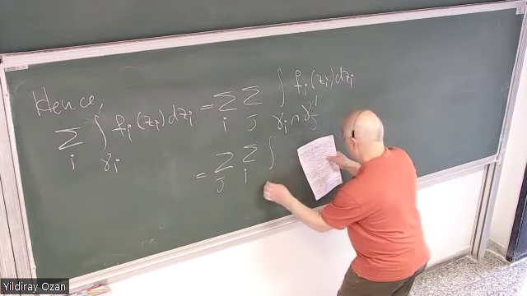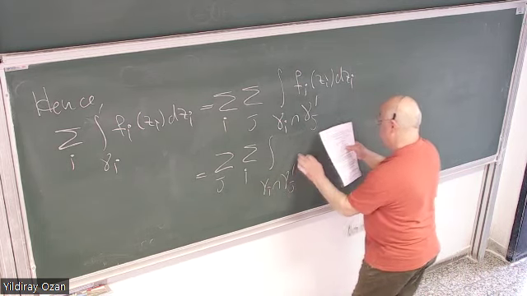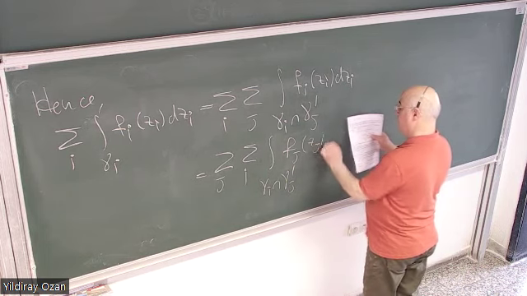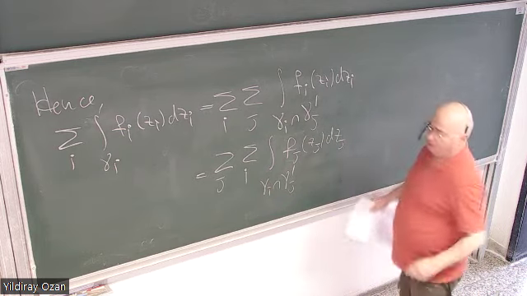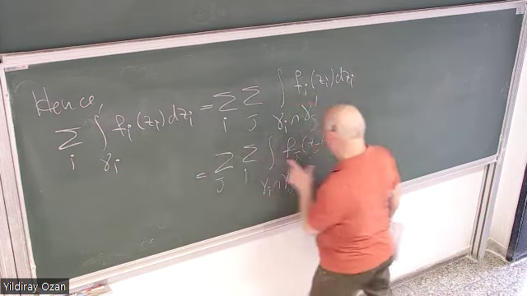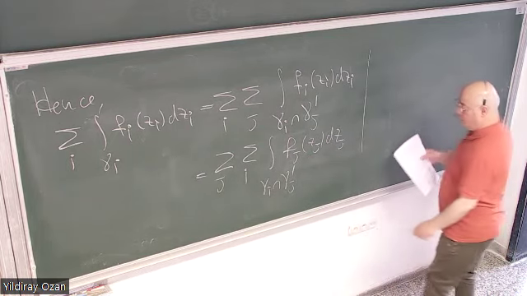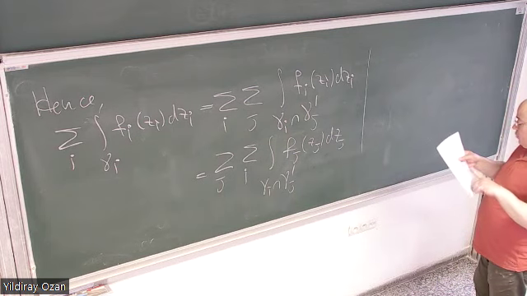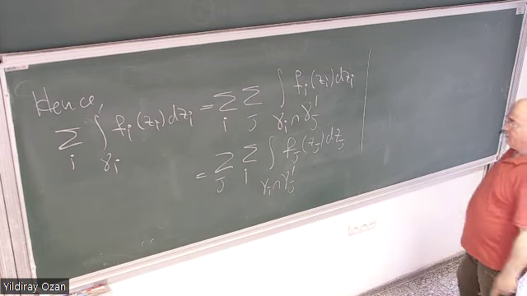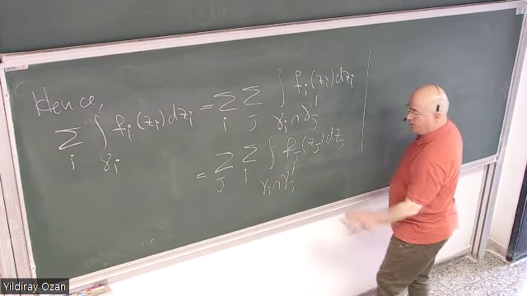Okay. Burası gene aynı. But here, instead of this, I write this gadget, because this thing is equal to this thing. We just showed that. And now you sum over i. Şimdi bakın.